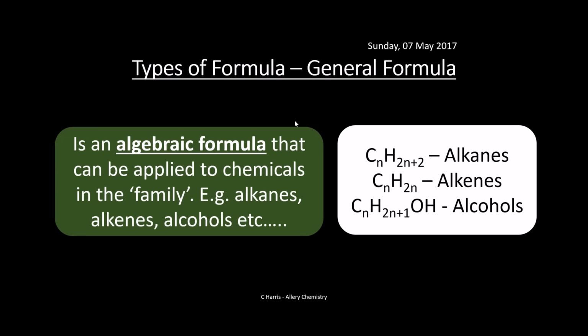An alkane is CnH2n+2, and alkenes are CnH2n, obviously with the lack of the two hydrogens there. And alcohols are CnH2n+1OH. As long as you can state these general formulas, they're pretty important. You've got to know how to do that.